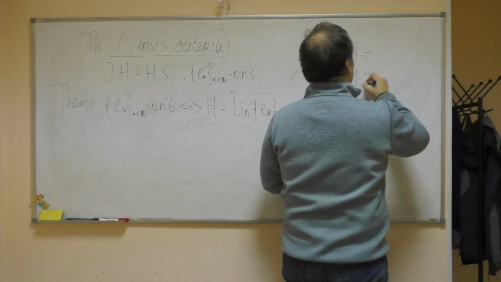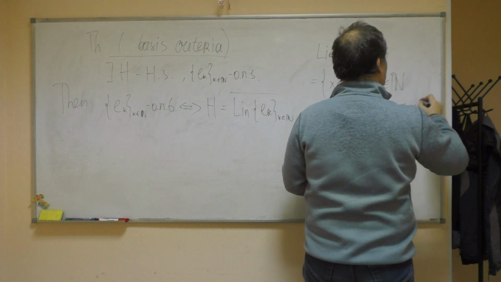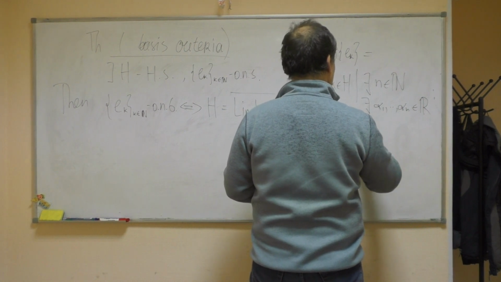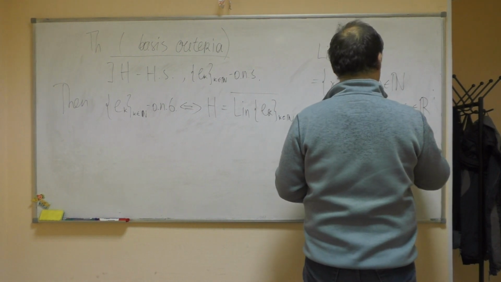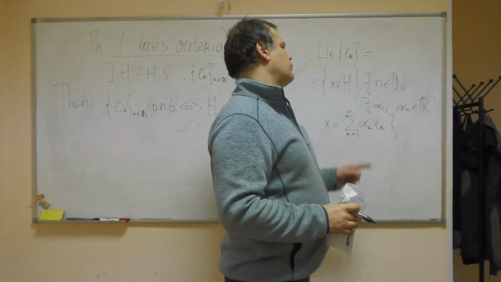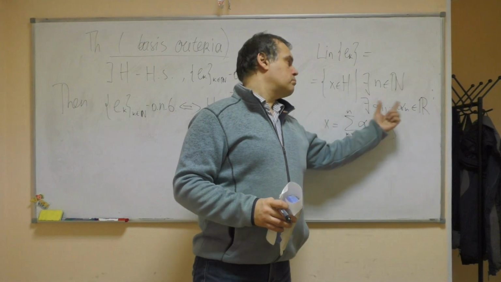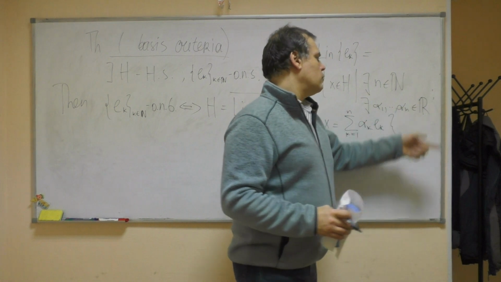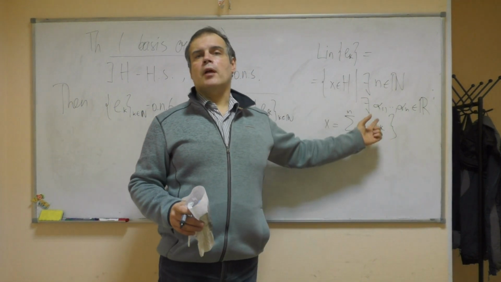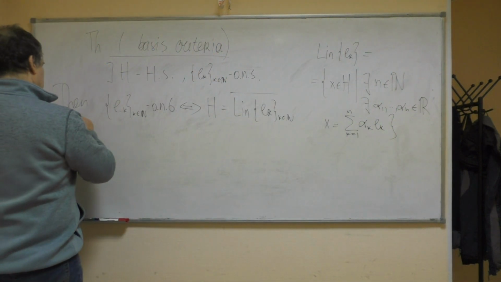X from H. There is an element such that there is a number n and some combination of constants such that x can be represented as a linear combination of some finite number of vectors from this system, and this is linear envelope. So let's prove it.